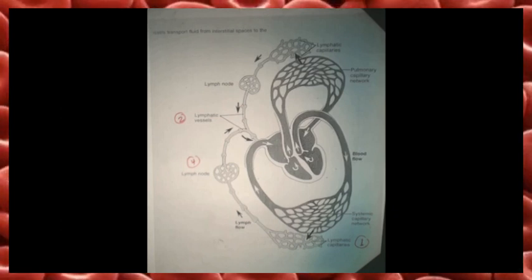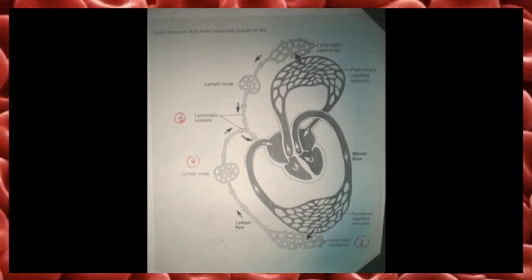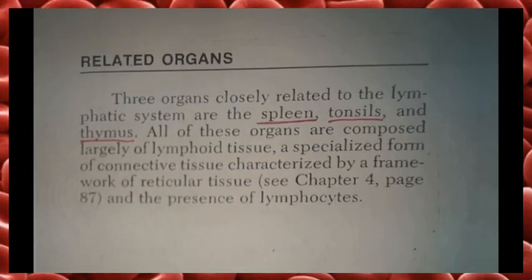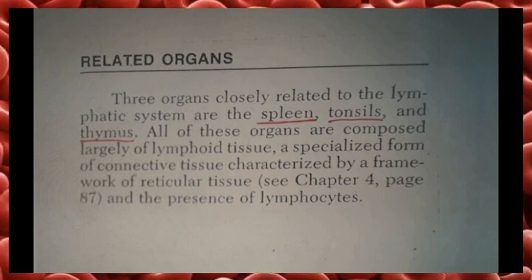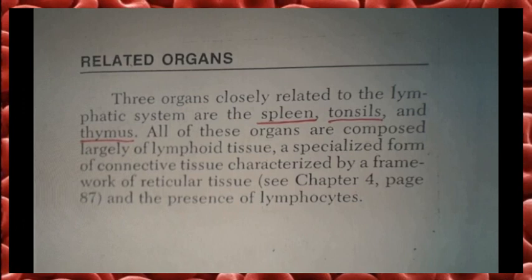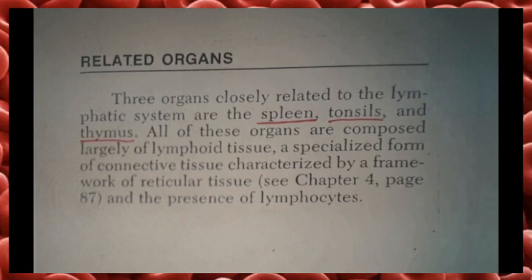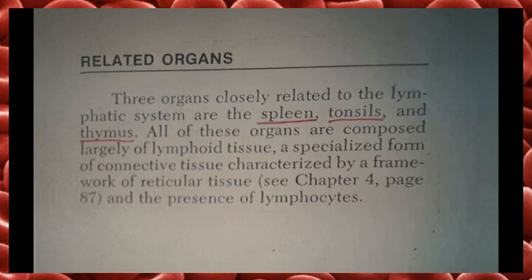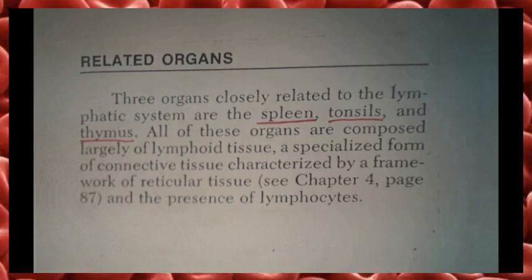Related organs: three organs closely related to the lymphatic system are the spleen, tonsils, and thymus. All these organs are composed largely of lymphoid tissue, a specialized form of connective tissue characterized by a framework of reticular tissue and the presence of lymphocytes.